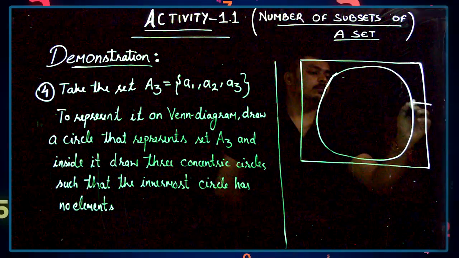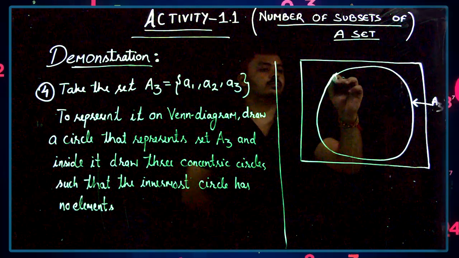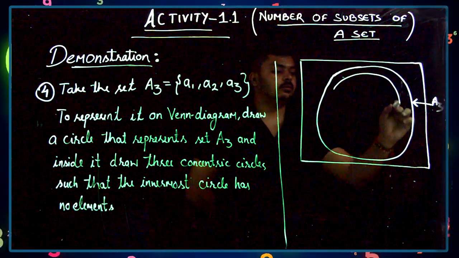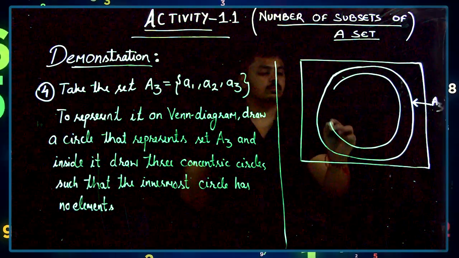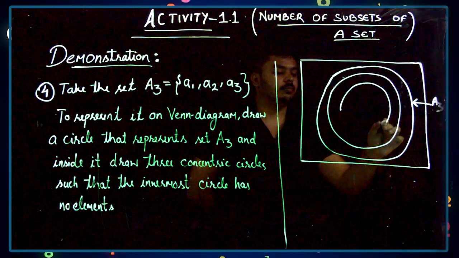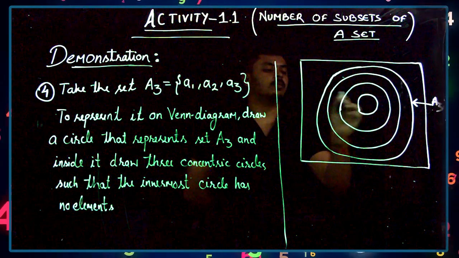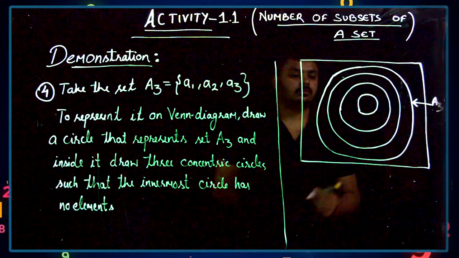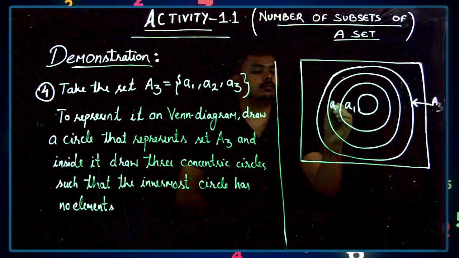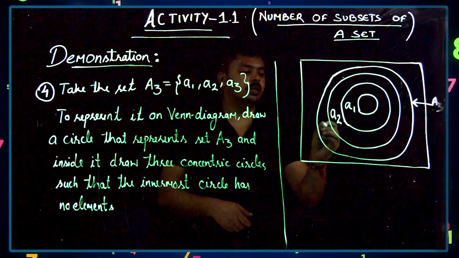That represents set A3. And 3 concentric circles as subsets of set A3, and write the elements a1, a2 and a3.